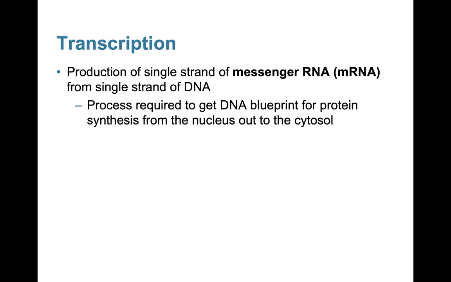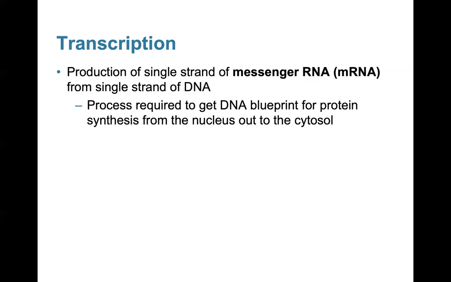Transcription is the production of a single strand of messenger RNA from a single strand of DNA. This process is required to get the DNA blueprint for protein synthesis from the nucleus out to the cytosol, where the ribosomes are.